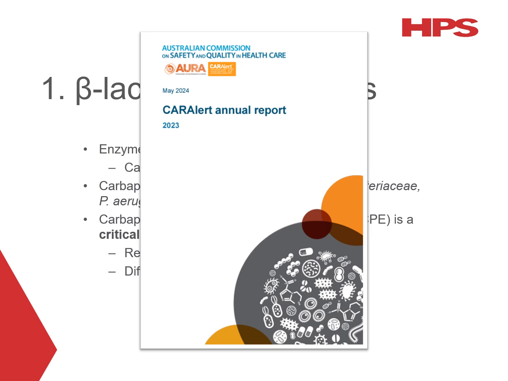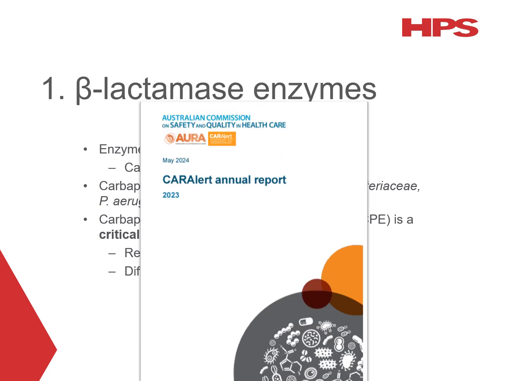An analysis of 2023 CARAlert data shows increasing reports of CPE in Australian hospitals, and this presents a real concern as CPE is difficult to treat, as effective therapies are often limited and the length of hospital stay is typically prolonged.